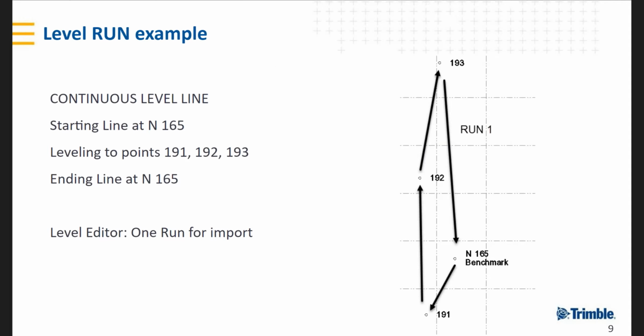Another example is a continuous line starting at the benchmark, going through the fixed points, and then back to the benchmark. This is the ideal situation that the level editor expects: one file, so this is one run for the import, and the level editor is set for adjustment and edits.